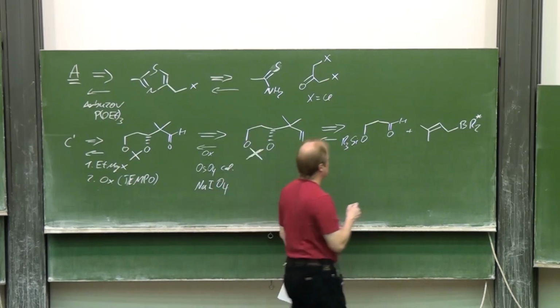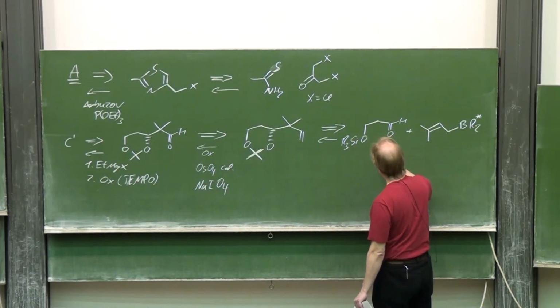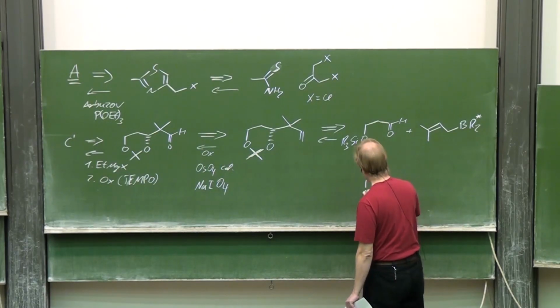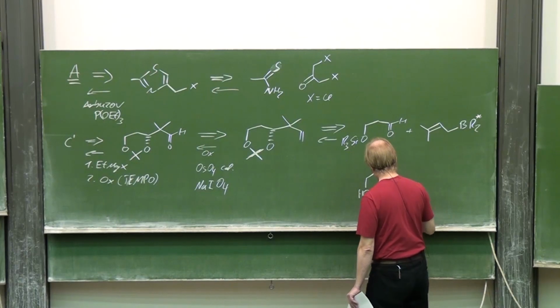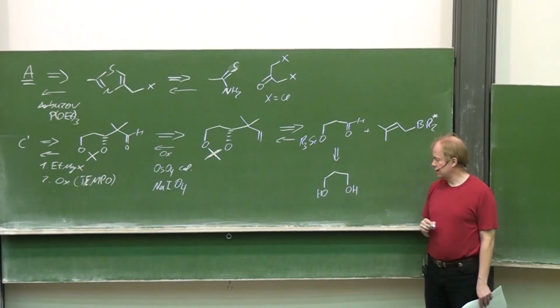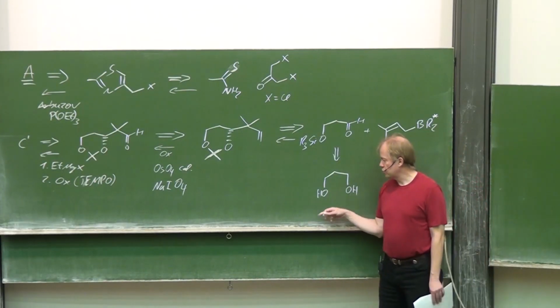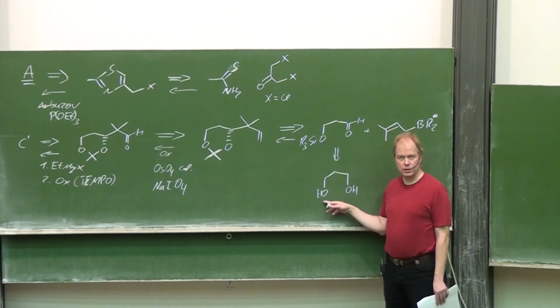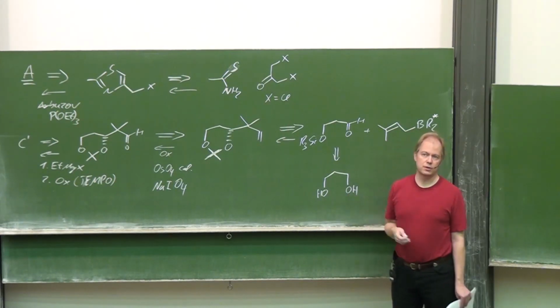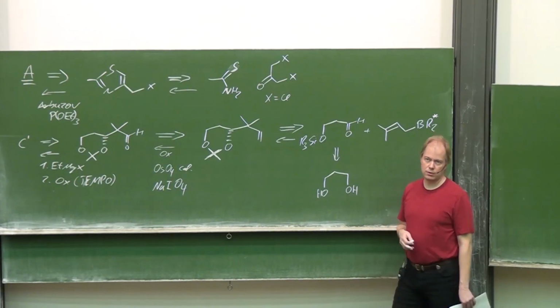Well, and where can you get this one from? Well, that's simple. You start with propane-1,3-diol, protect one alcohol functionality, and the other one is oxidized nowadays by a TEMPO oxidation.